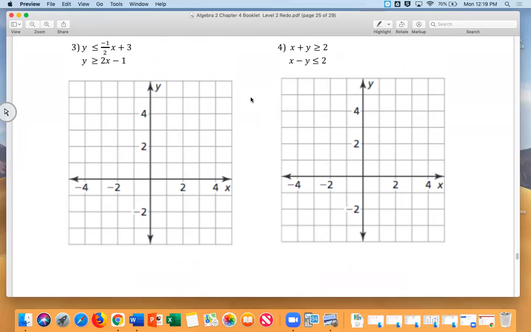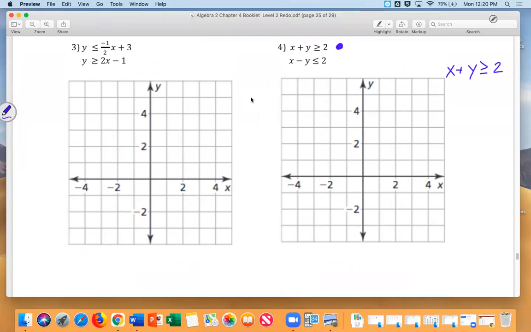All right, so to graph these, what I'm going to do first is pick a color for my top equation. I'm going to say that one's blue. Okay, so I have x plus y is greater than or equal to 2.